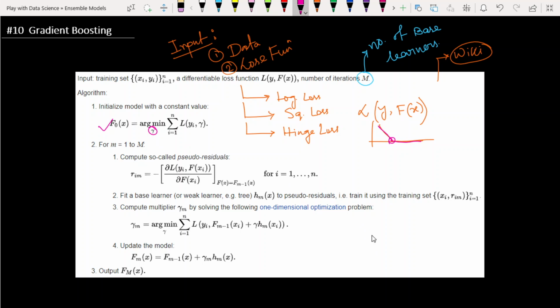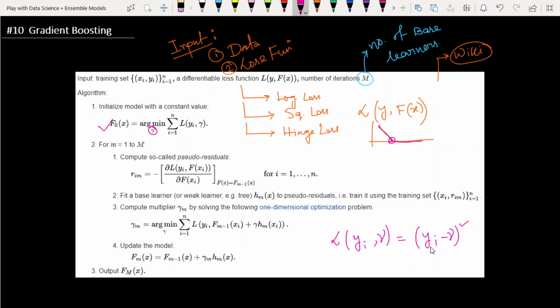Suppose, as an example, we take the square loss. Then L of yi, gamma means yi minus gamma, whole square.